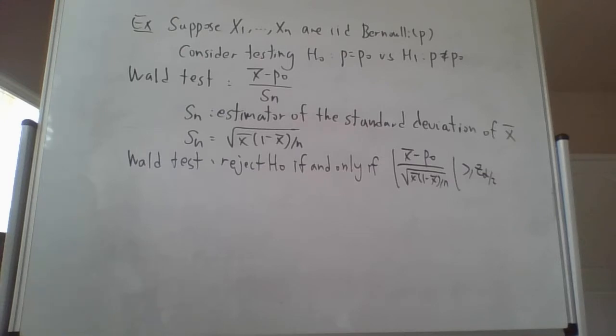Because it is a two-sided test, we take the absolute value of the statistic, and we use the critical value z alpha divided by 2, where z alpha divided by 2 is the 100 times 1 minus alpha by 2 percentile.